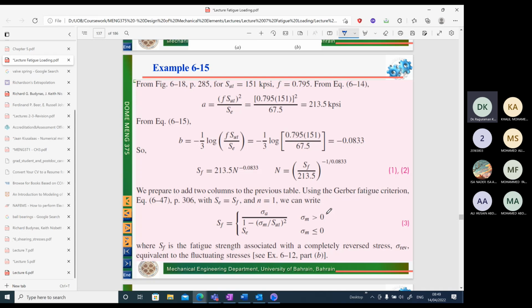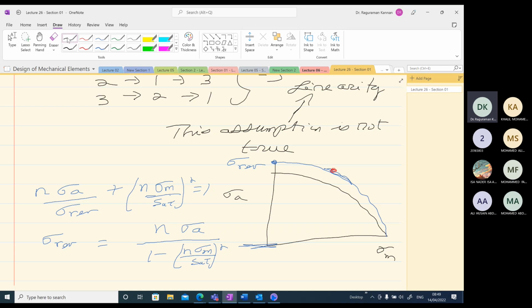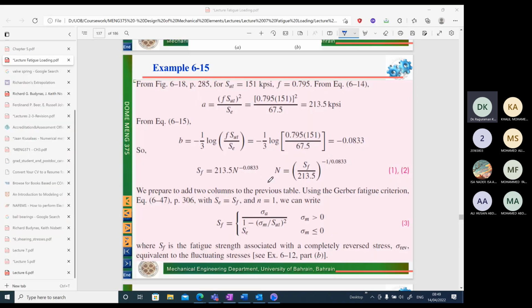Remember, the Gerber curve is valid in the positive direction. What about in the negative direction of mean stress values? In the negative direction, we just simply use the SE value as the limit. So if sigma mean is negative, then you will just use the equivalent value SE.